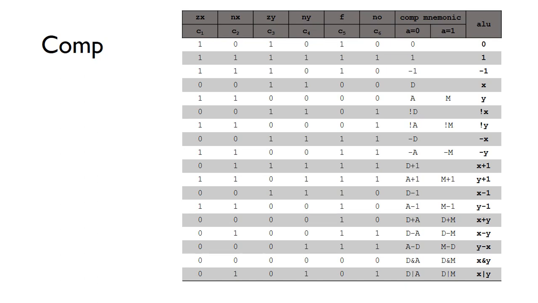We can see here the A bit, where it's 0 for A and 1 for M. That basically says whether we're going to use A or M in the instruction, and so on, depending on which of these instructions we want to do. So for example, if we were doing D plus M, this would be this value of the 6 C bits, and then the A bit will be equal to 1.